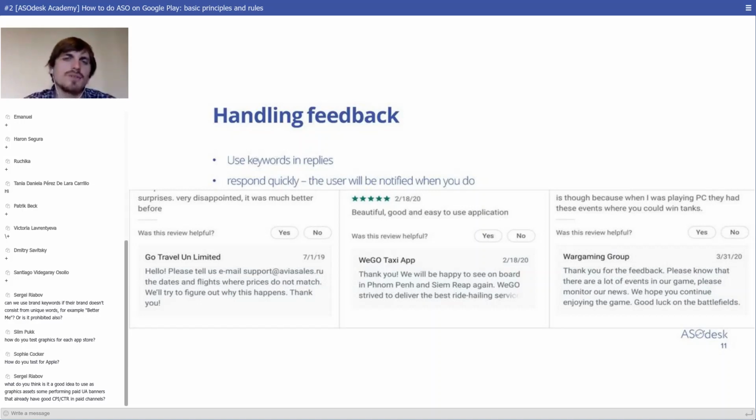And another important thing is to respond quickly. Remember that when you answer a review, the user gets a notification on the main screen of the Android device.